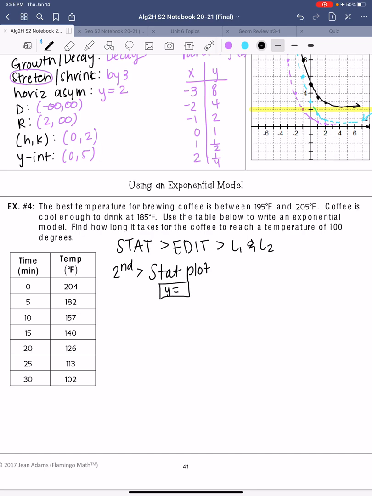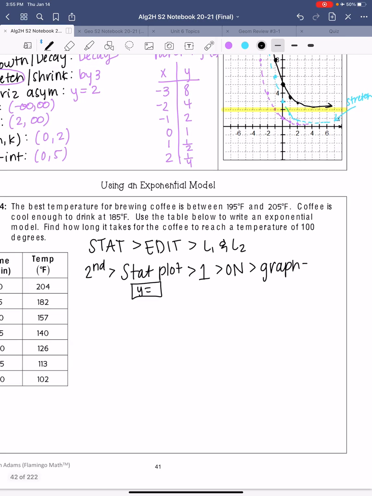So second stat plot, you're going to choose number 1. You're going to turn it on, and then hit graph. Then on our normal calculator, we hit zoom 9. Zoom 9 on the regular calculator is zoom stat, and it's going to zoom right into your stat.